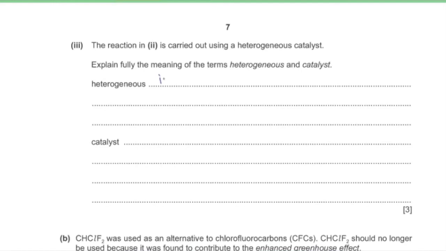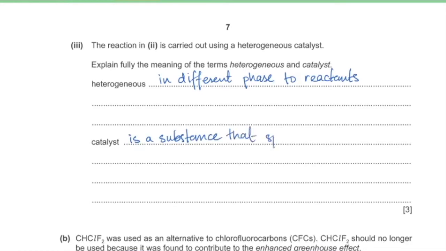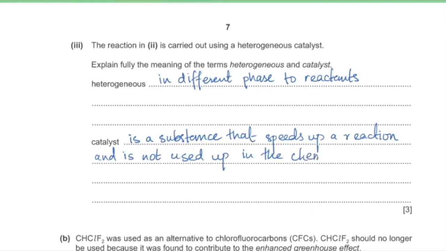So a heterogeneous catalyst is in a different phase to reactants, and a catalyst is a substance that speeds up a reaction and is not used up in the chemical reaction.